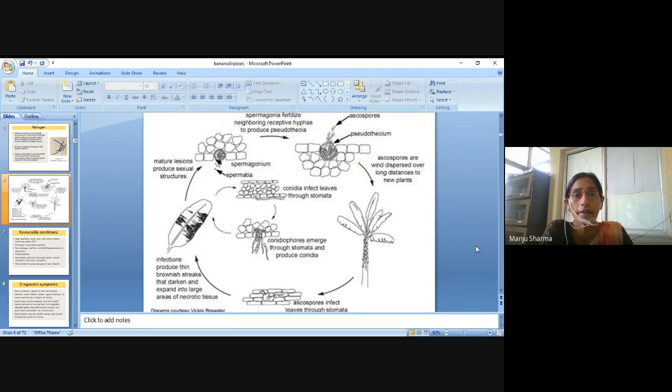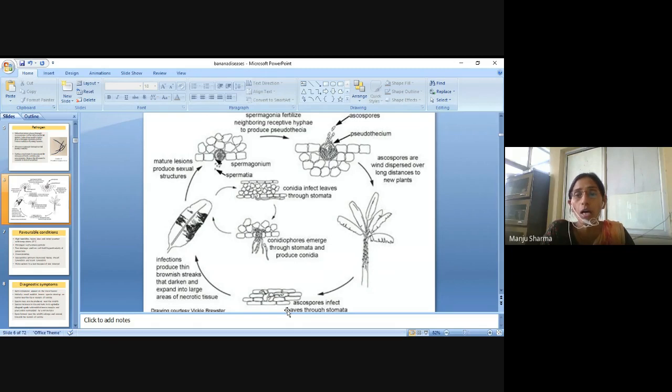That is the life cycle, showing how the fungus causes the disease. First of all, there are the ascospores or pseudothecia. They first attach to the surface.